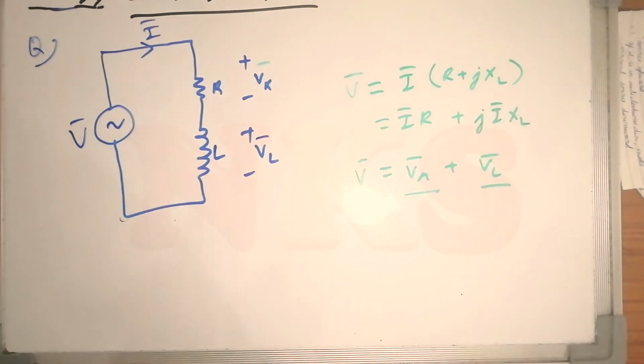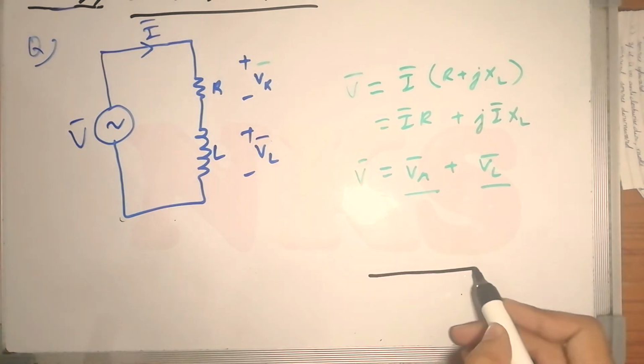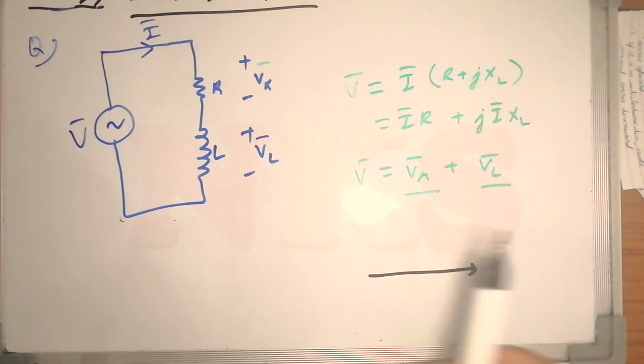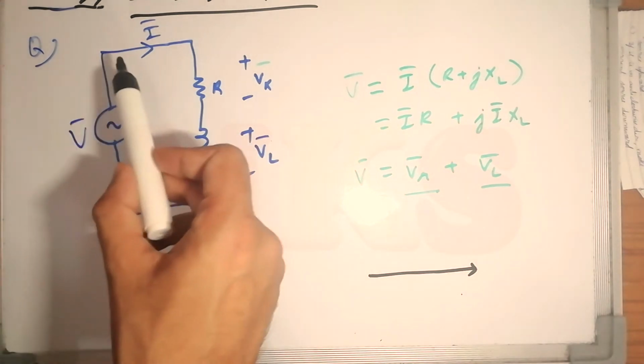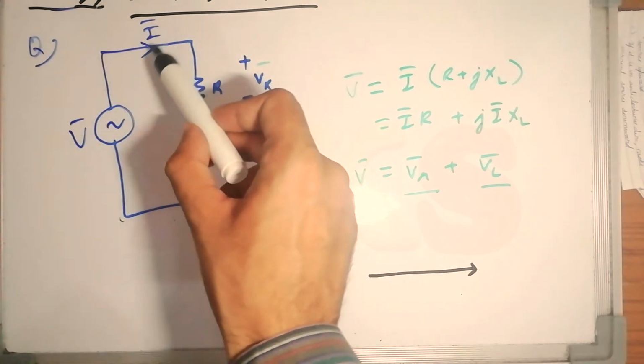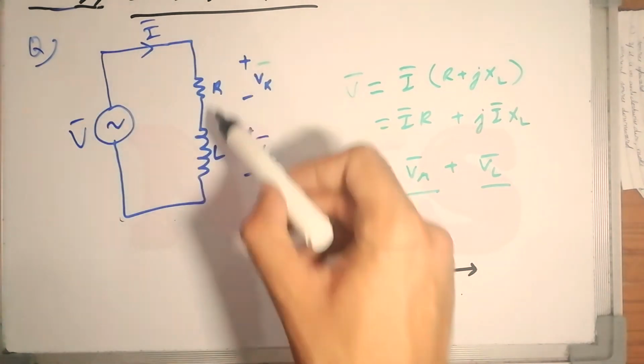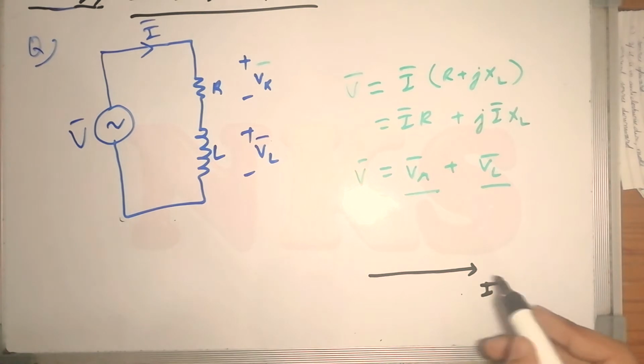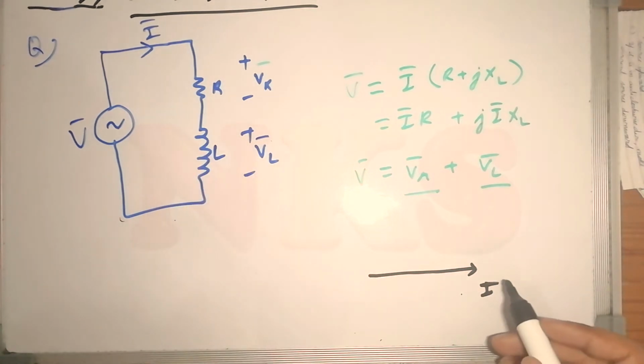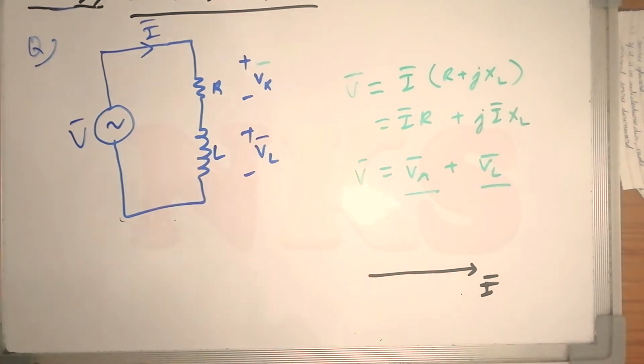While drawing phasors, always remember to take as reference the phasor which is the same for every element. This is not a standard, you can take another also, but this is good practice. So this is the I phasor flowing in the circuit, and it is the same for every element, so I can easily draw the phasor equivalent. I bar I have taken as the reference phasor.